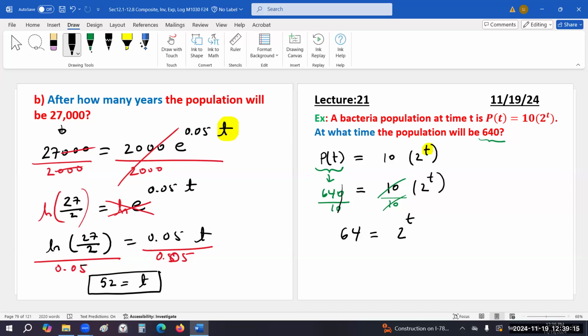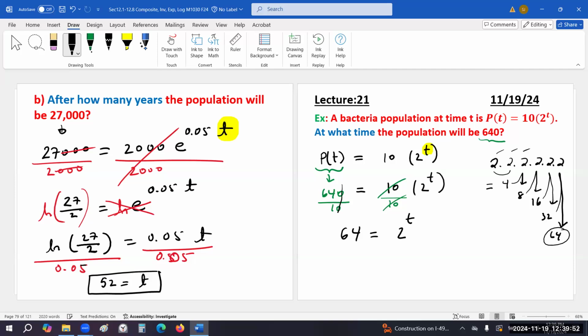Remember the second type of equation? When we have two different bases, we can convert the bigger base into the smaller base. It will be powers of 2. So how many times do you multiply 2 to get 64? 2 times 2 is 4. 4 times 2 is 8. 8 times 2 is 16. 16 times 2 is 32. 32 times 2 is 64.